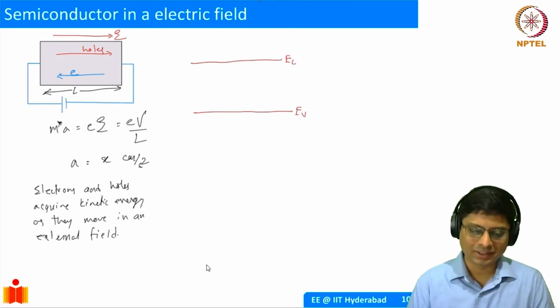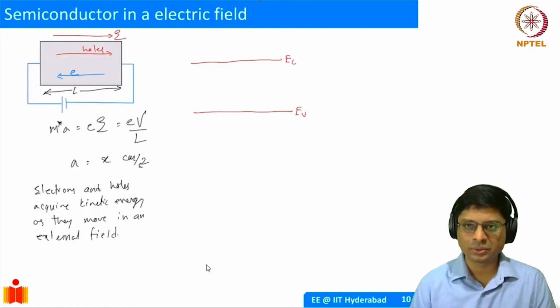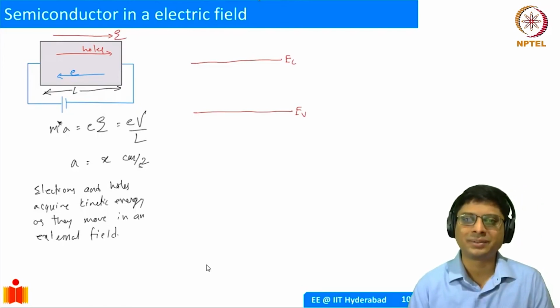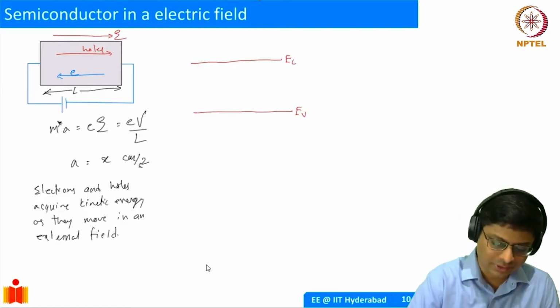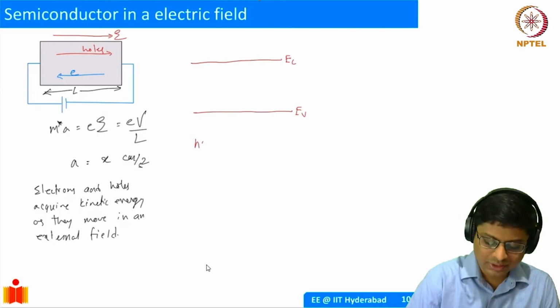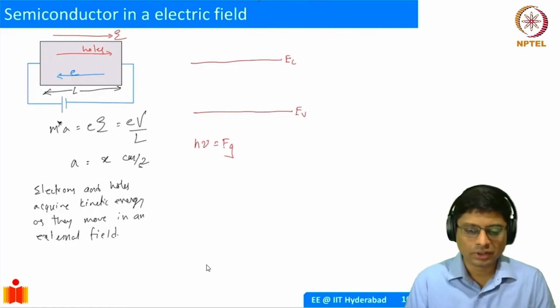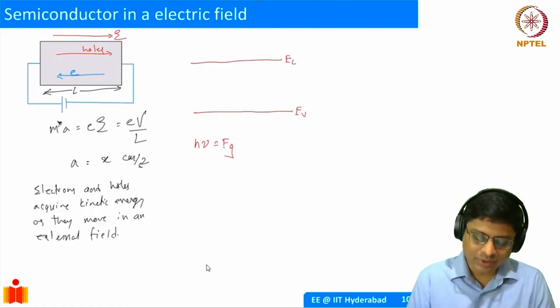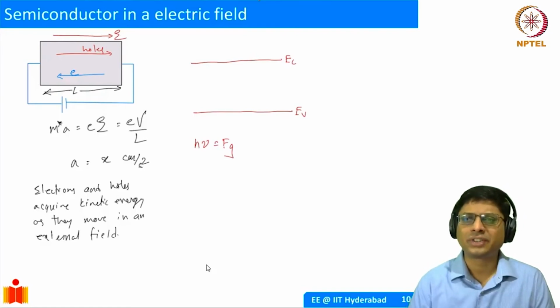Let's take a step back and think about what happens when you shine a photon on a semiconductor with some band gap. Let's say I'll shine a photon of h nu equal to Eg. This is a photon I shine. So what happens? Well, you had a lattice where electrons are essentially bonded.